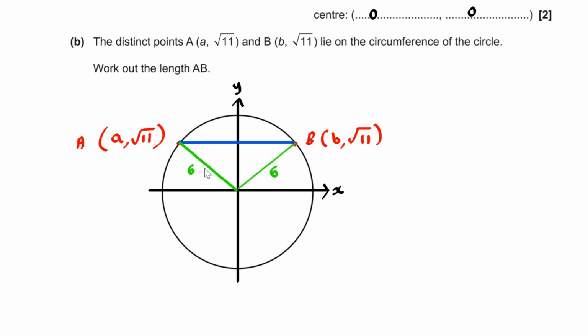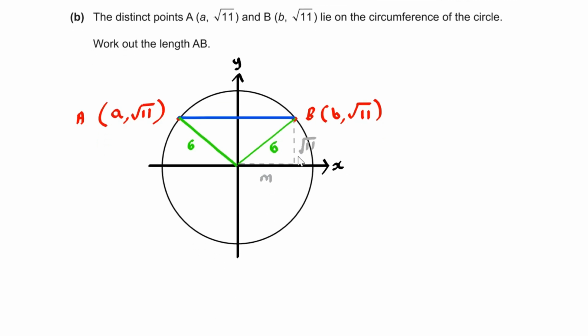So what we need to do is work out what this length is over here. Well, to do that, what we need to do is recognize using Pythagoras that if we split this up using a triangle like so, we are going, say, m units across, and we're going root 11 units up.